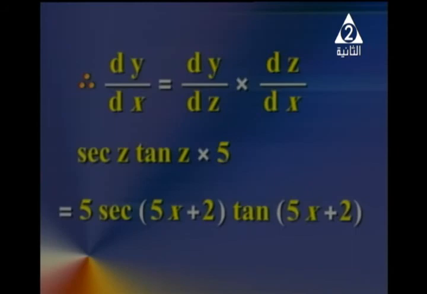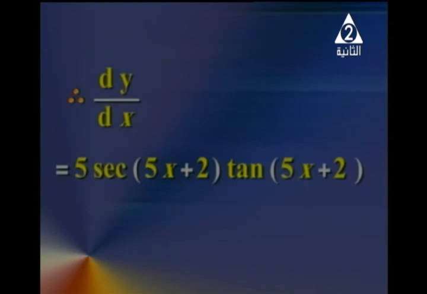Replace z equals 5x plus 2. Then sec z tan z times 5 equals what? Yes, 5 is constant, we start from the 5. Sec 5x plus 2, tan 5x plus 2. This is a very important example. Therefore, dear student, dy over dx equals 5 sec 5x plus 2 tan 5x plus 2.